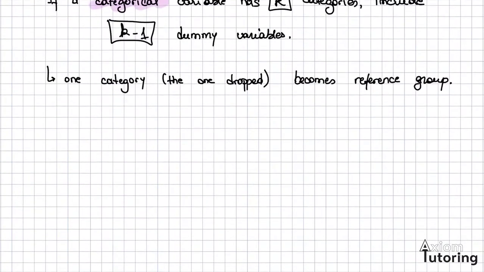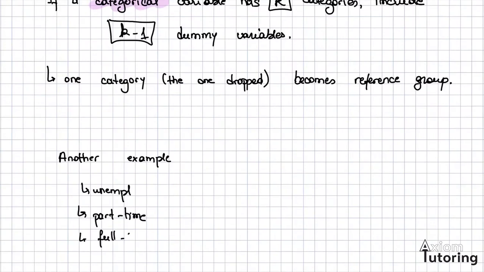So another example, if instead now I don't just have two options, let's say that I have three options. I have unemployed, I have part-time, and I have full-time. These are my three categories.